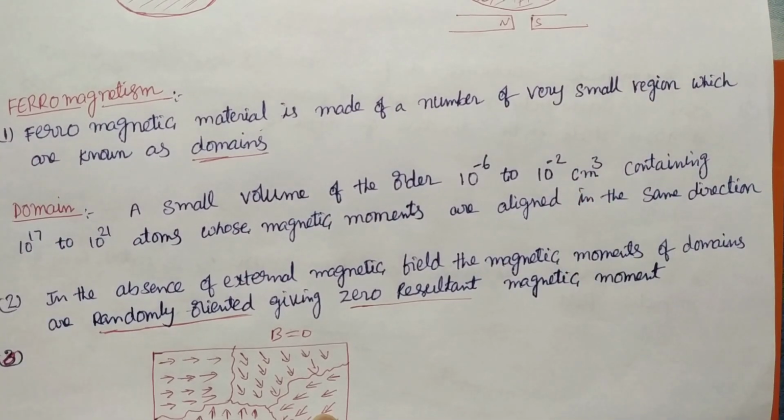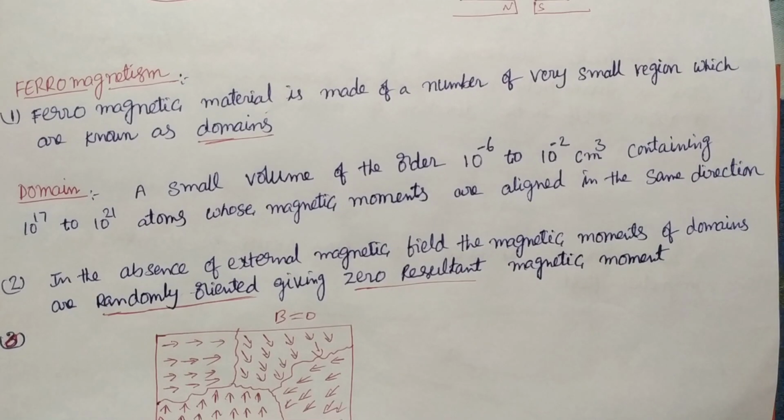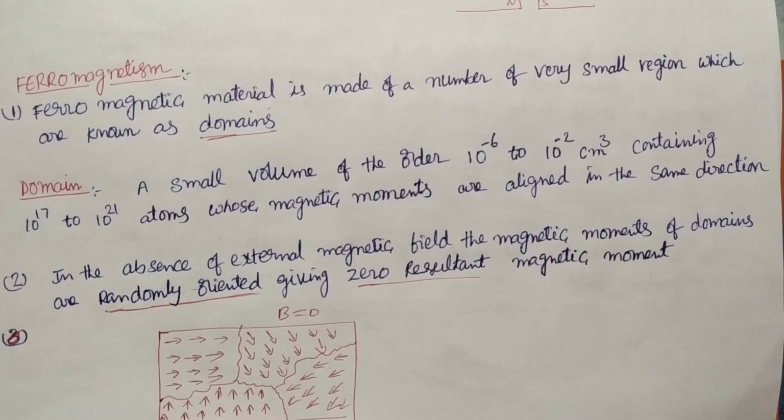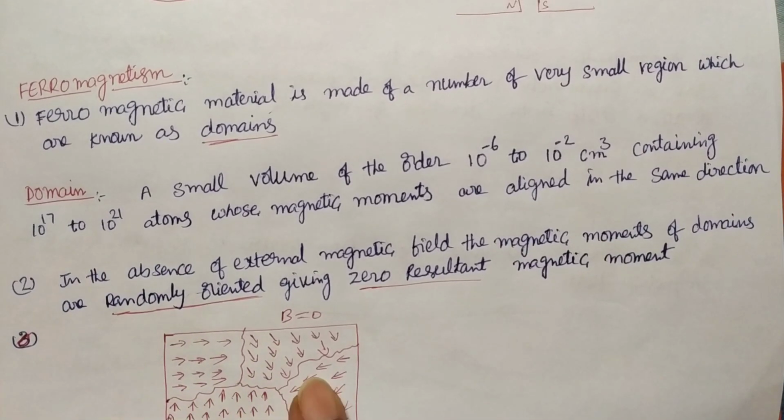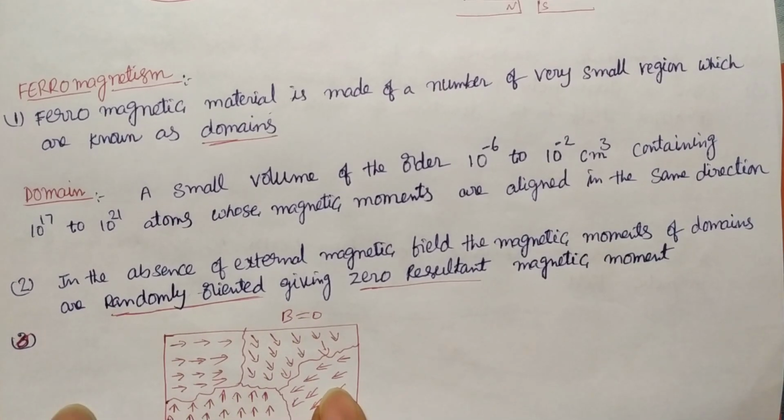Each atom behaves like a bar magnet, meaning an atomic magnet. A group of atomic magnets is aligned like this in regions, and these regions we call domains.